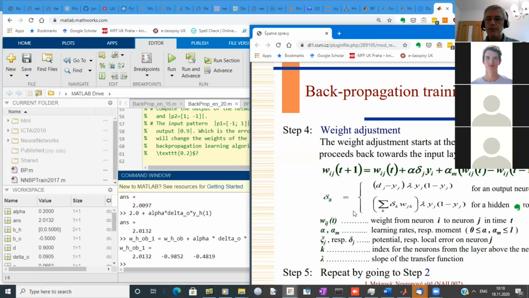Let us compute it manually for one hidden neuron. In order to have it not just for the first one, let us compute it for the second hidden neuron. So for the second hidden neuron, delta sub 2 should compute this formula.